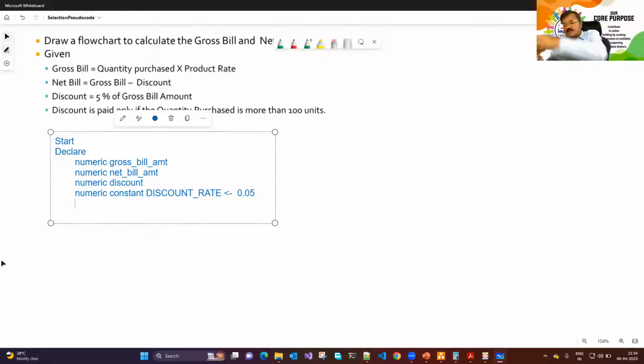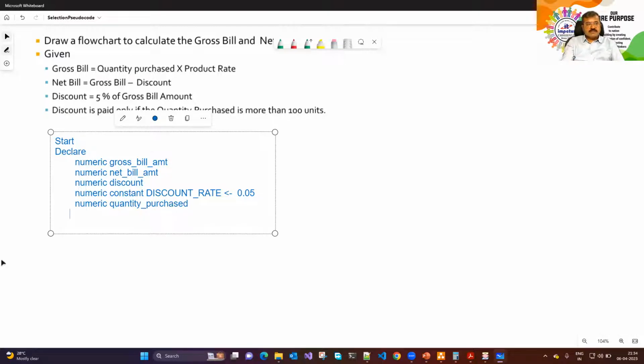Viraj? Quantity purchased and product rate will come in. Very correct, the inputs are not there yet. So we now take numeric quantity purchased, and numeric product rate.